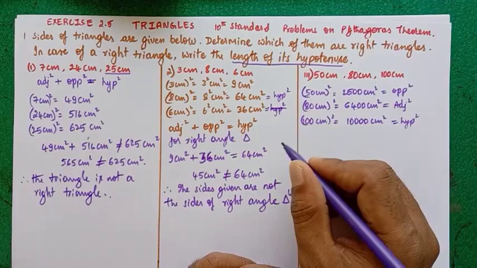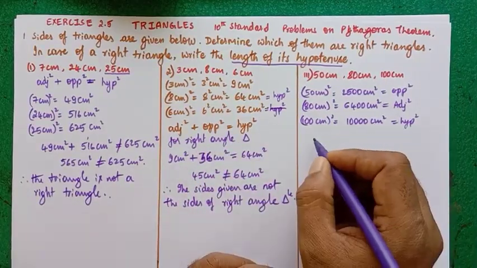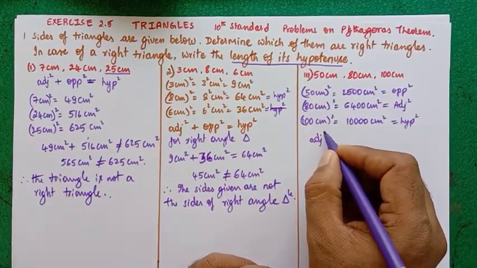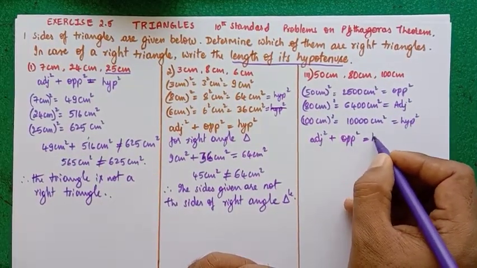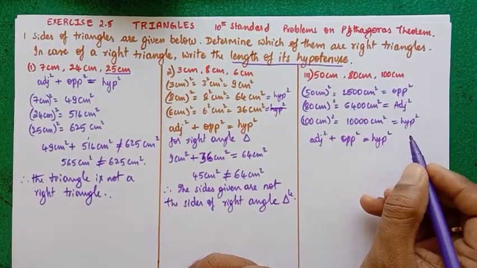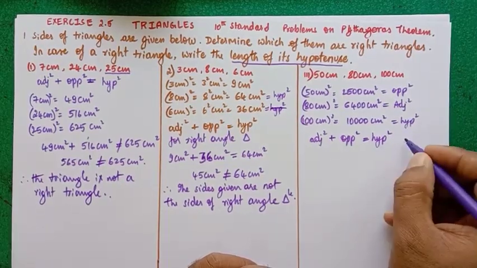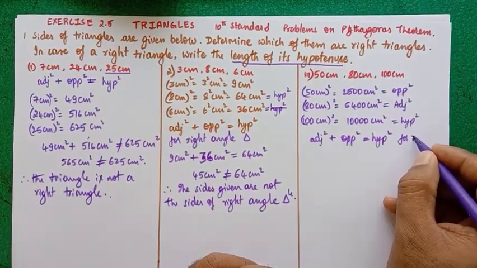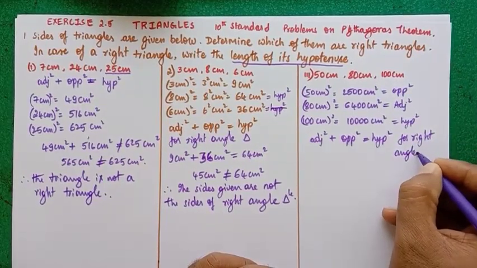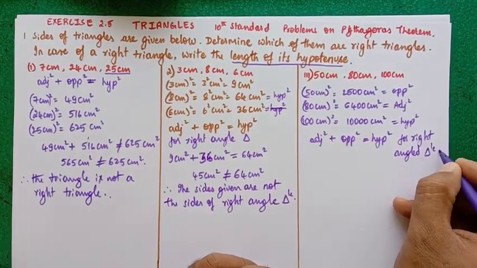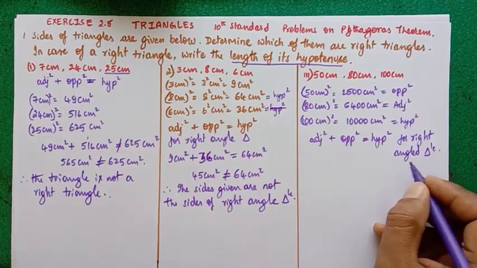So we will be using this formula: adjacent square plus opposite side square will be equal to hypotenuse square. This is for the right angle triangle. This condition holds good only for a right angled triangle.